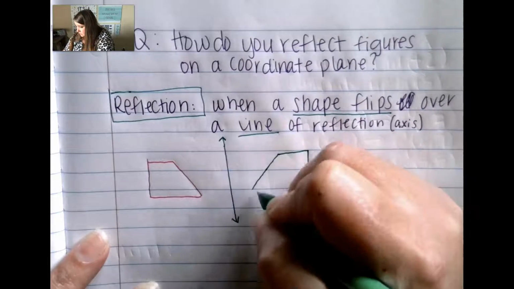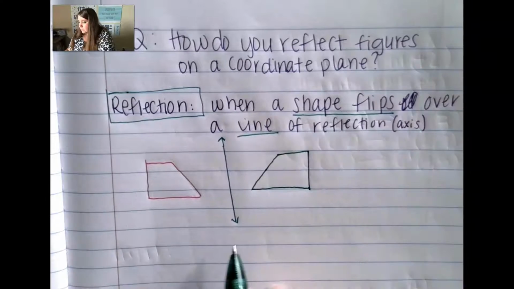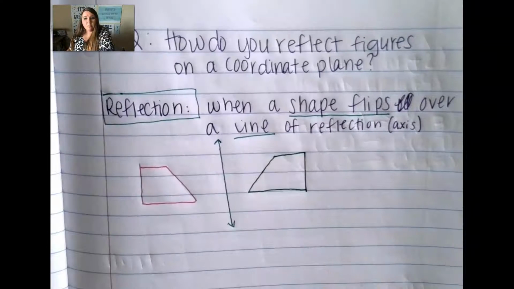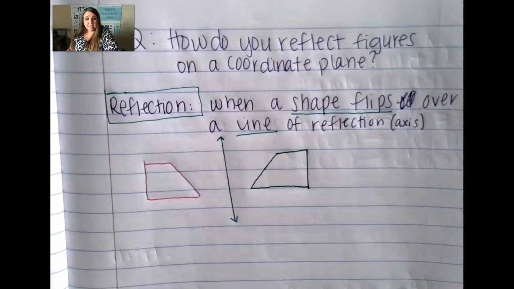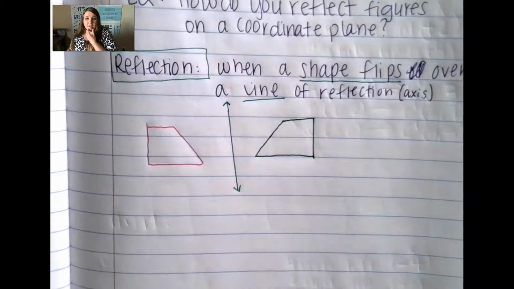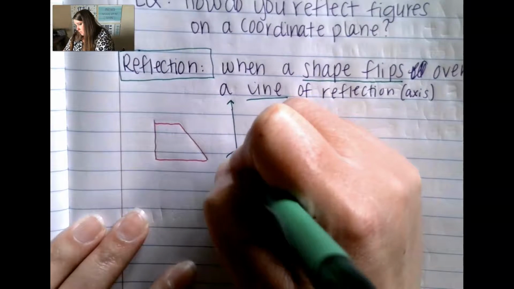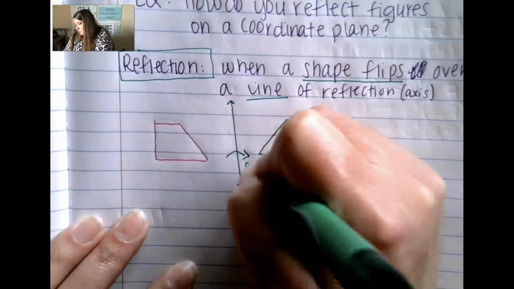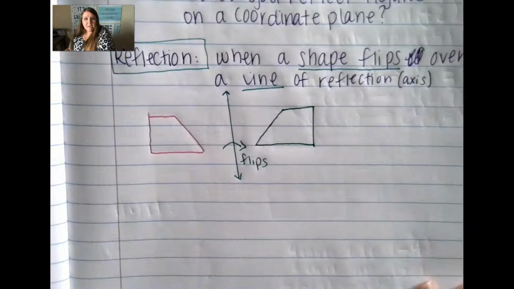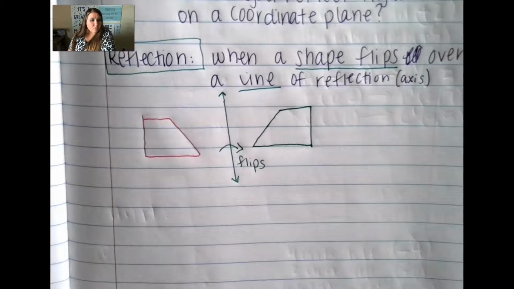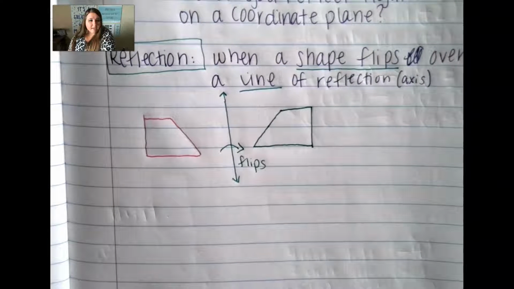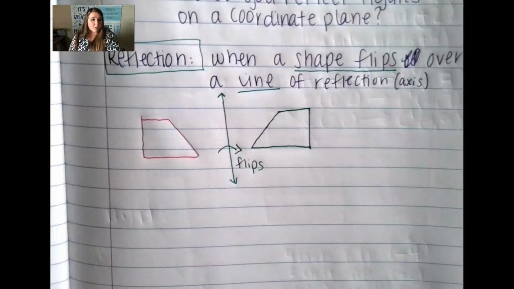It's just backwards. So same spot, same shape. It's just like it's looking at itself in the mirror. That is the line of reflection. So it flips over the line.